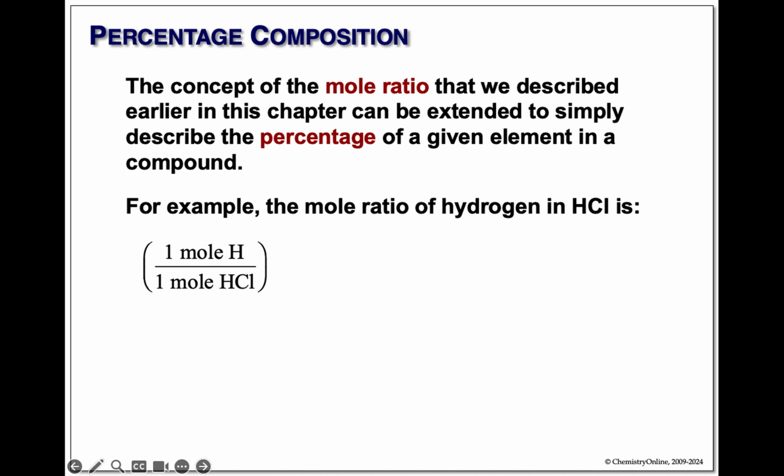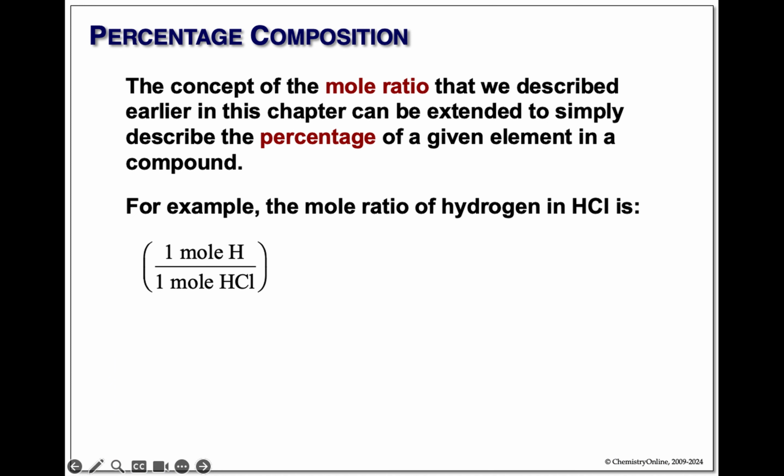If I ask you the mole ratio of hydrogen to HCl, that's trivial. One hydrogen in every HCl. Expressed in moles, 1 mole of hydrogen for every mole of HCl. Right? But we can write this another way.